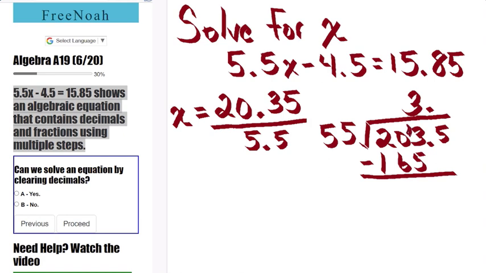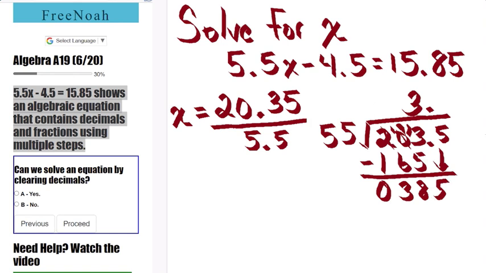So 13 minus 5 is 8. 9 minus 6 is 3. And 1 minus 1 is 0. Let's drop down the 5. We have 385.